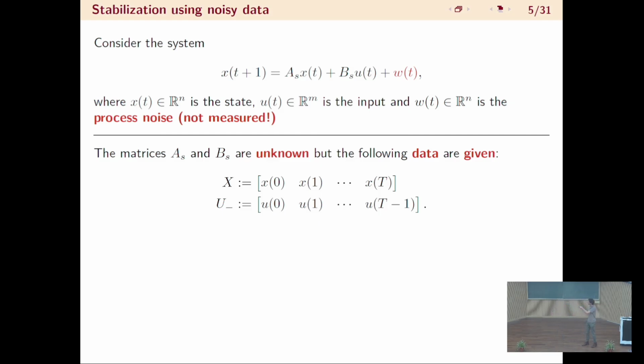In addition to that, we also collect the matrix U minus, which consists of t samples of the input, U0, U1, up to U t minus 1. Notice that I stress here, W is not part of the data. So we do not measure W. Only the U and the X are part of the data.